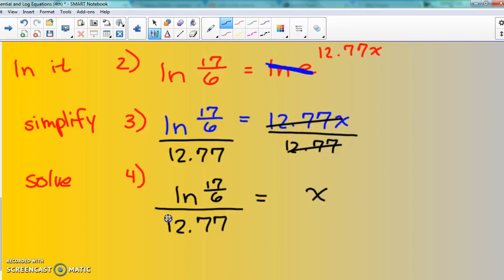So we have natural log, parenthesis, 17 over 6, close parenthesis. Then we go down on the bottom and do 12.77, and we hit enter. And it should give you a decimal number there. That's very important to know.